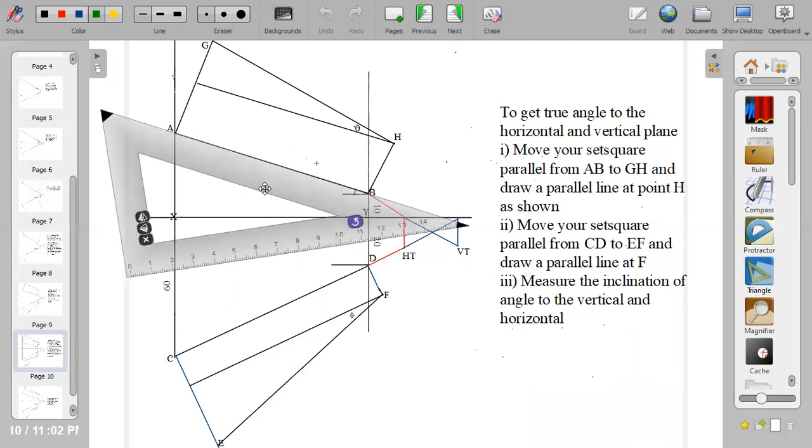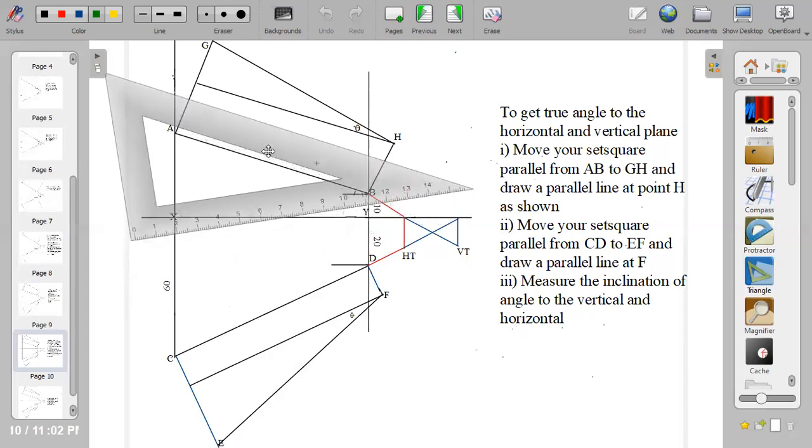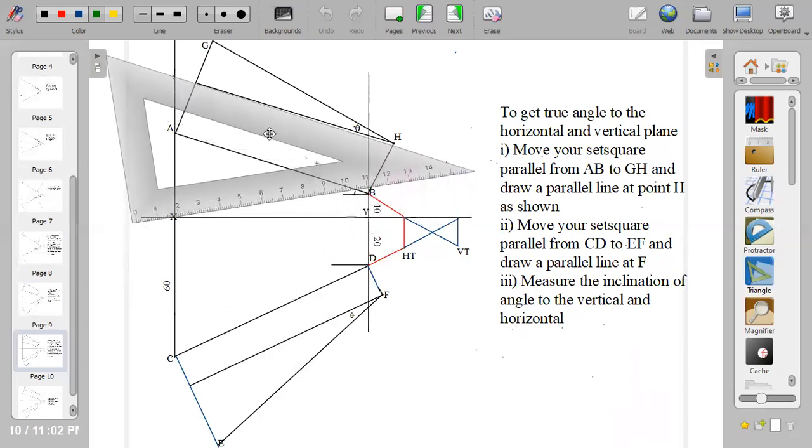When you place it on line AB, move it in a parallel line until you get to point H. When you get to H, draw a line, thin line. Make sure the line is thin, it's not thick. Now make an angle between that line and GH. That's why I put theta here. So that gives you the angle to the vertical plane.